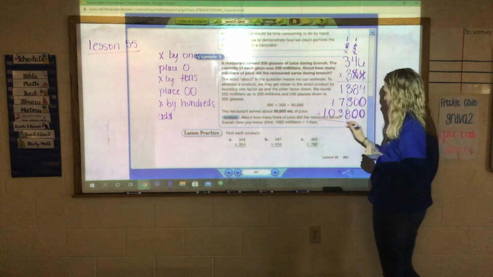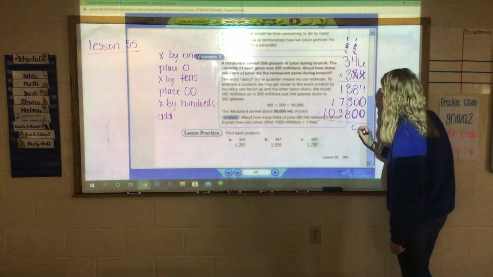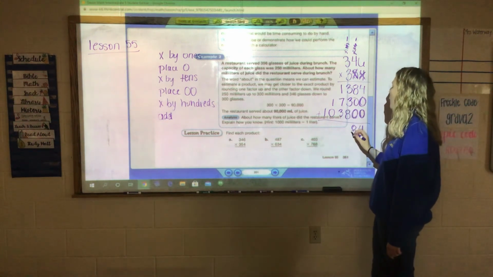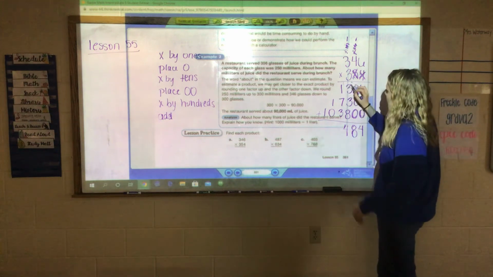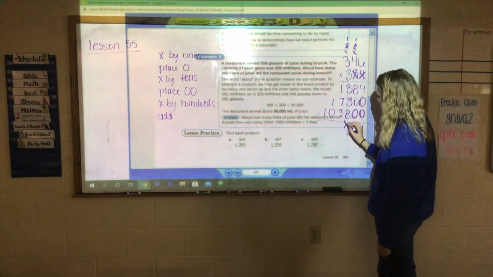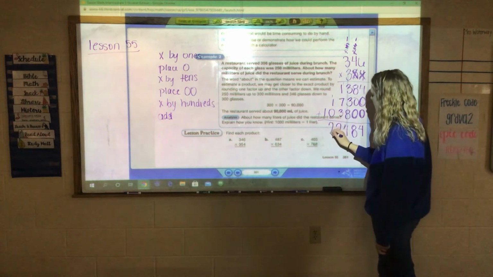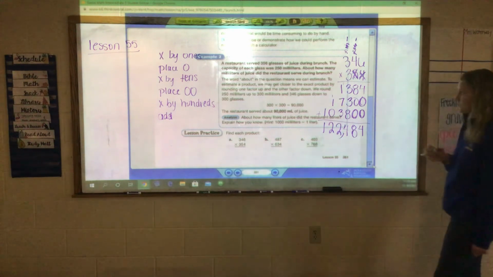And now I need to add it all. 4 plus nothing is 4. 8 plus nothing is 8. 3 plus 3 is 6. Plus 8 is 14. 1 plus 1 is 2. Plus 7 is 9. Plus 3 is 12. 1 plus nothing is 1. 1 plus nothing is 1.